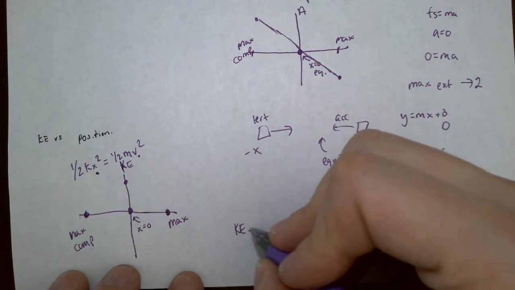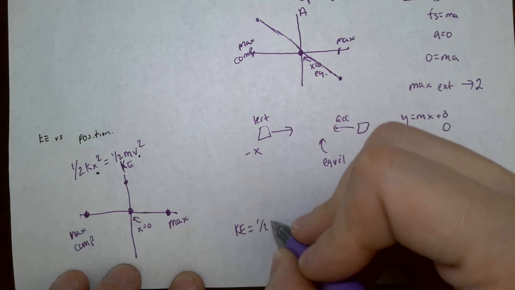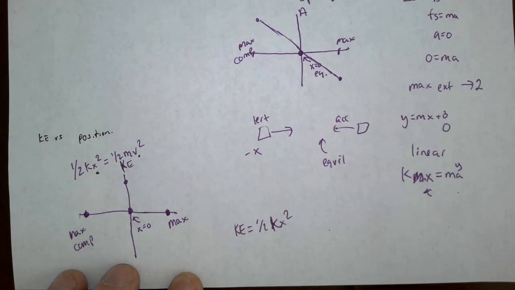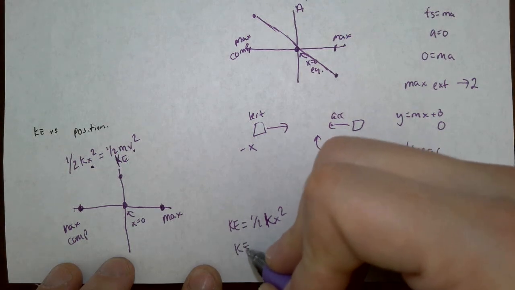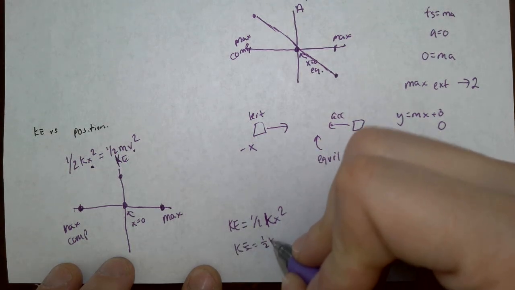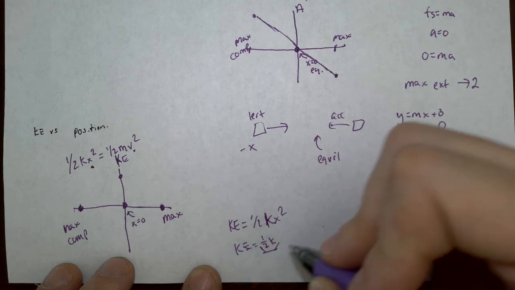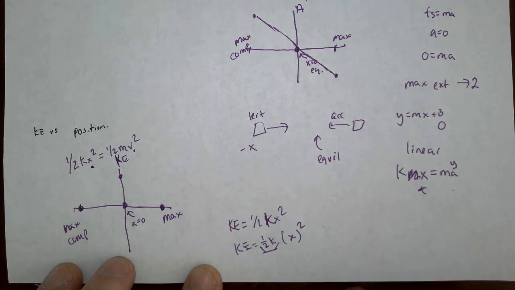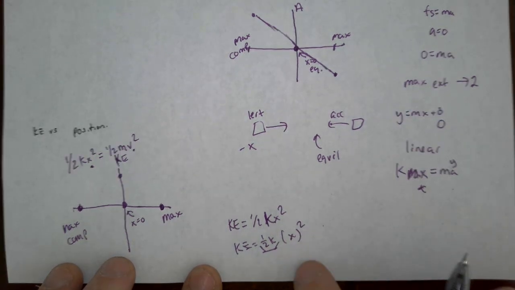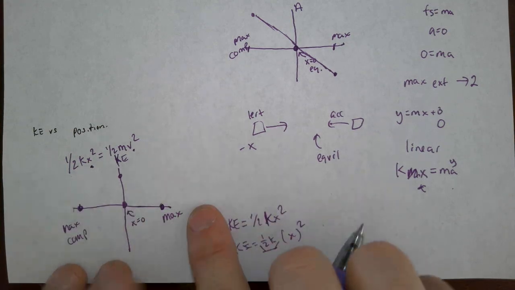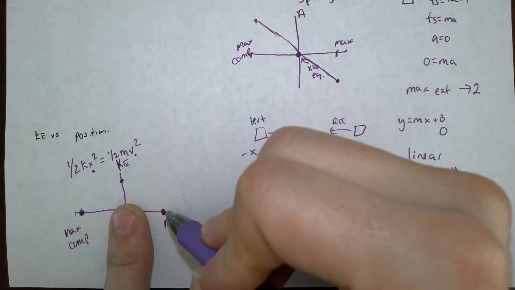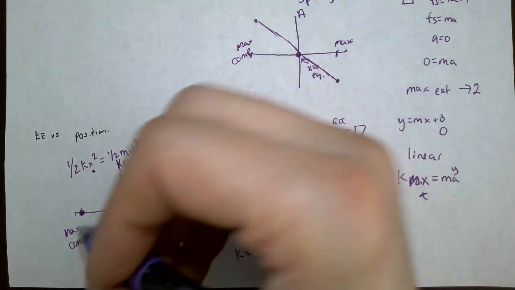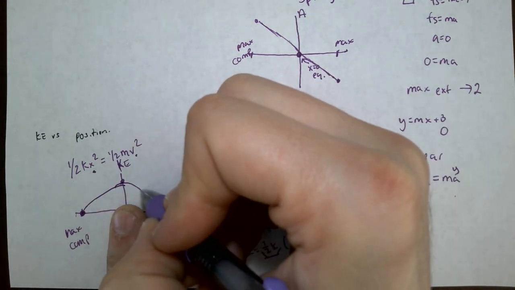Kinetic energy is going to be equal to 1/2 k x squared, right? That means kinetic energy is equal to 1/2 k, those are irrelevant, x squared. That's parabolic, and we've already got the general shape. We know it's 0 here, we know it's 0 there. That means that if it's parabolic, this is going to look like so.